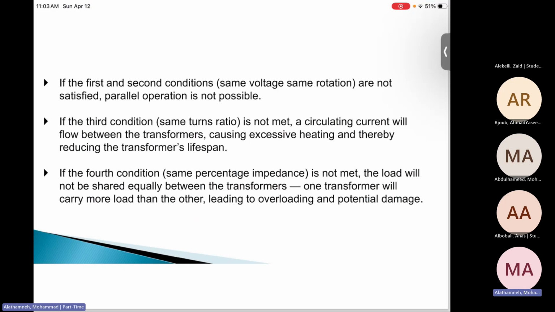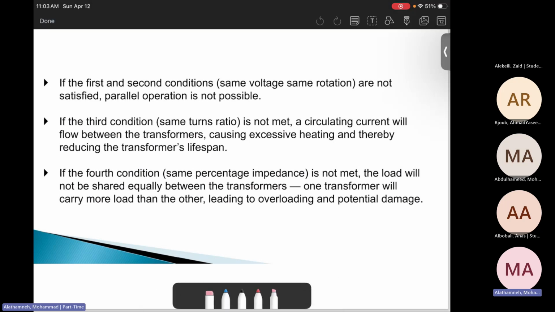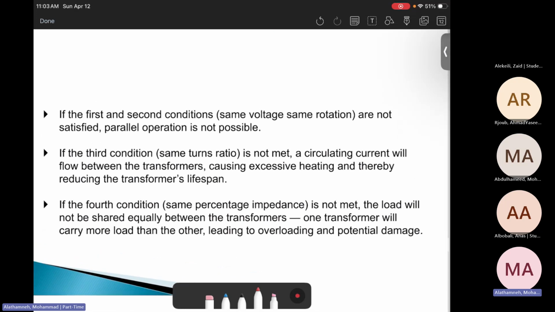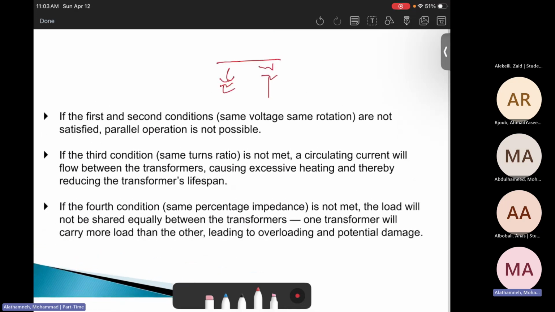What happens if they are not the same voltage and not the same vector group? The parallel transformers will be understood as line-to-line faults, not as parallel transformers, which will cause a problem.